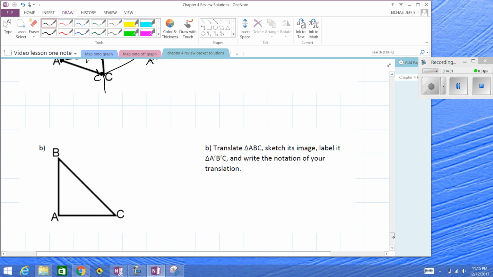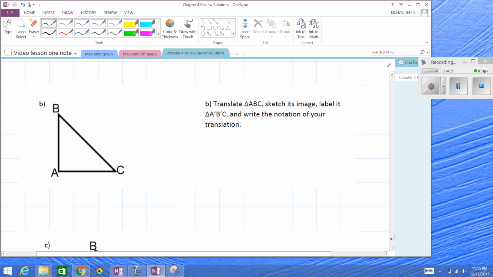Okay, next, translate triangle, sketch it. Okay, yeah, let's just write the notation. All right, let's try to estimate here. Let's try to keep it parallel and the same distance away. Parallel and the same distance away. Looks like that's C prime.